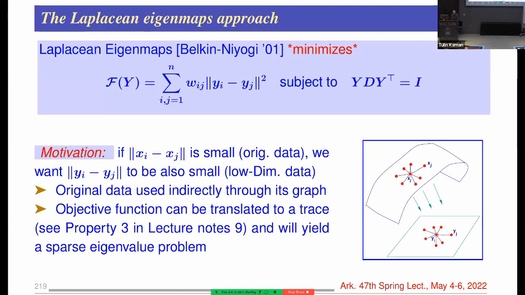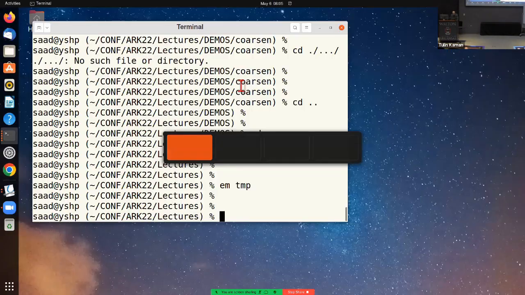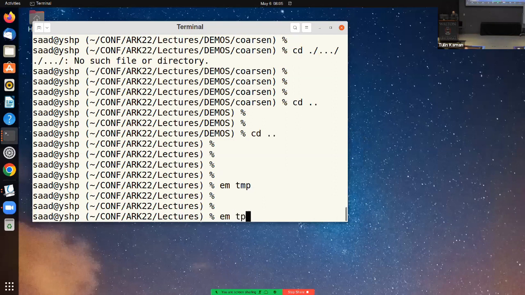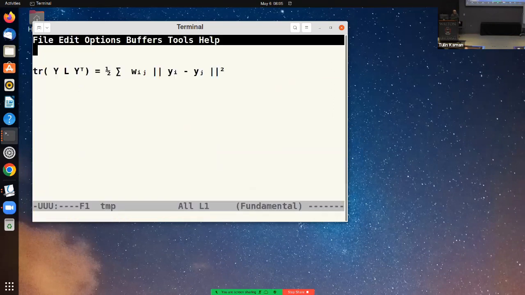Remember that property we saw a while ago: the trace of Y L Y transpose is half of the sum of w_ij times the distances between y_i and y_j squared. That is a very important property that we'll now exploit here.